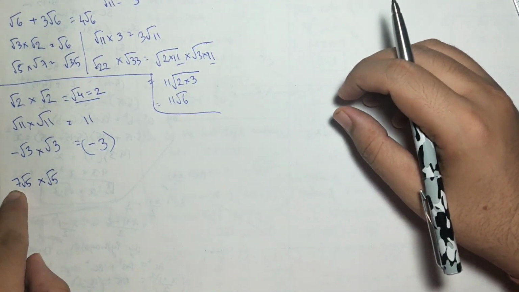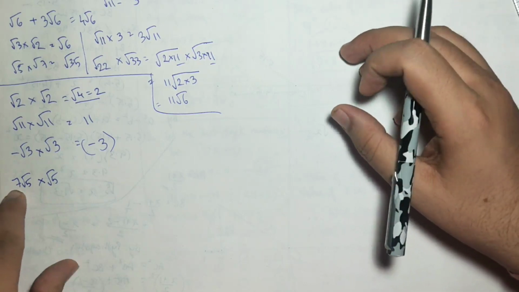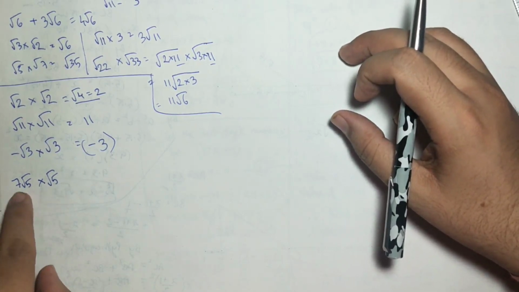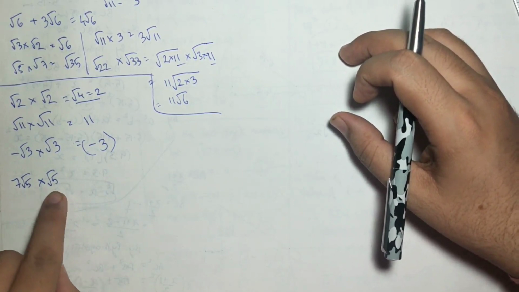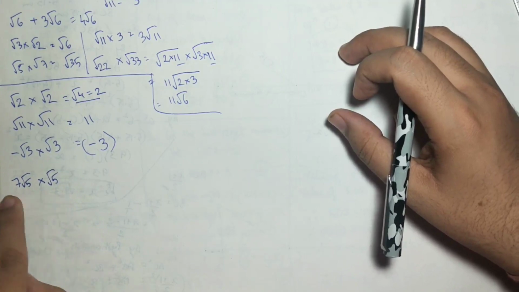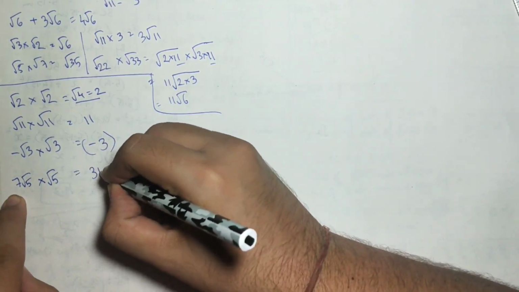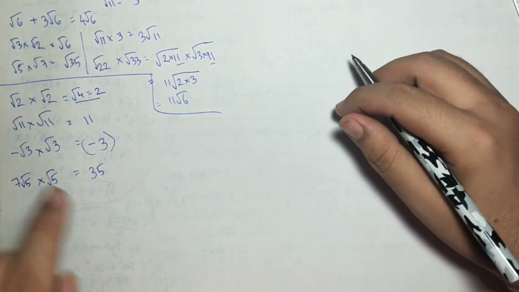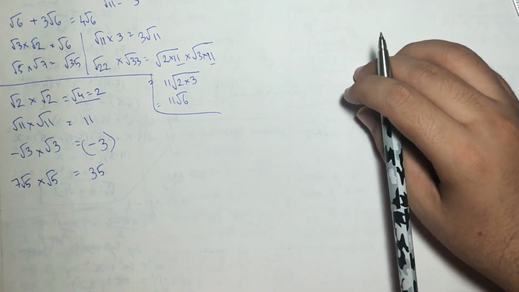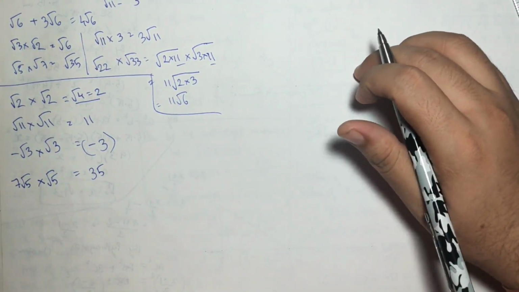Because 7 is already rational, we don't need to change that. We only have to change root 5. So I will multiply the whole number only with root 5. So root 5 into root 5 will become 5. 5 into 7 will become 35. So I hope you have understood how to convert a monomial irrational number into a rational number.